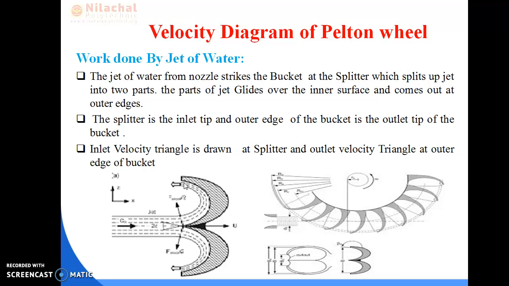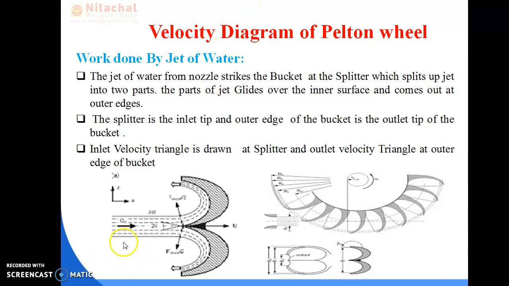As we know, a velocity diagram is the diagrammatic representation of the velocity of jet, velocity of blade, and the relative velocity concept. Similarly, we have to show the velocity triangle at inlet and outlet respectively.